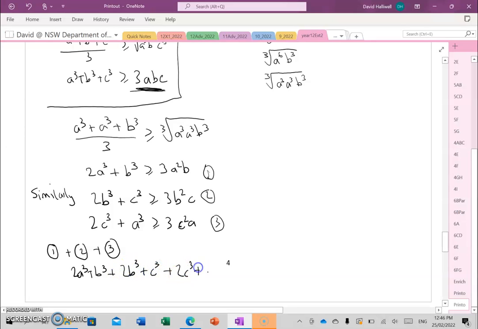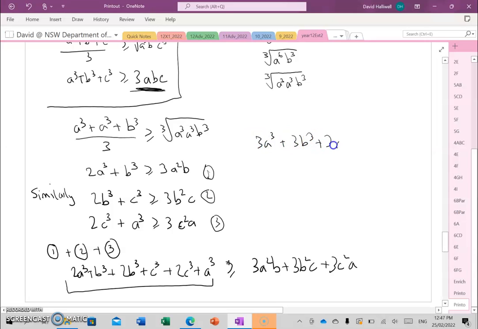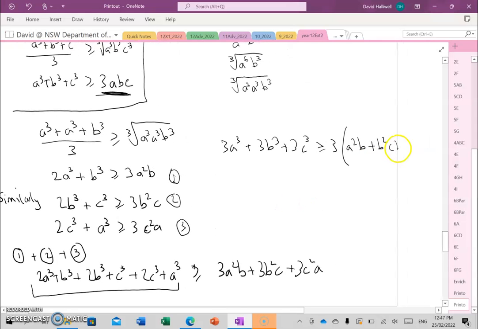Plus 2C cubed plus A cubed greater than or equal to 3A squared B plus 3B squared C plus 3C squared A. And then collecting like terms on the left-hand side, we get 3A cubed plus 3B cubed plus 3C cubed, and we got greater than or equal to, and we can take out a 3 on that side: A squared B plus B squared C plus C squared A. And we can see the result coming out now, and we can divide by 3, and we got it.